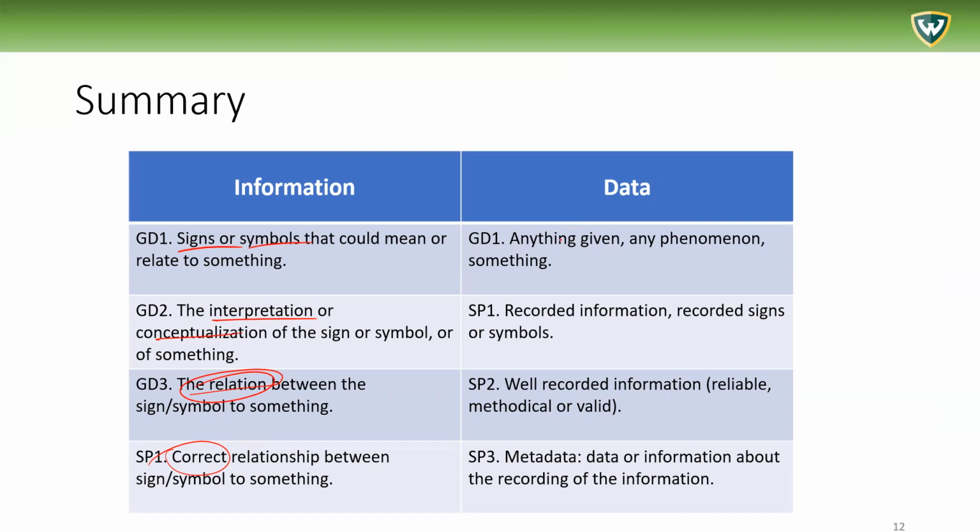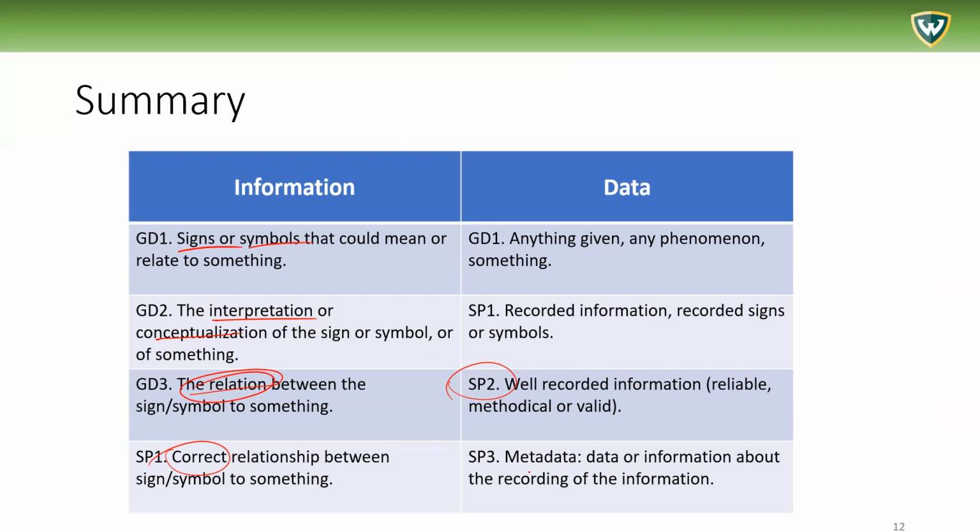Now there are definitions of generality, like general definitions of data as anything given, any phenomenon, very general, not useful and not usually used. Often used, yes, is data as any recorded information, so the recorded signs or symbols, just the records, but also more commonly, I think, data as well-recorded information, so the reliable, methodical, or valid representations of something in the world.